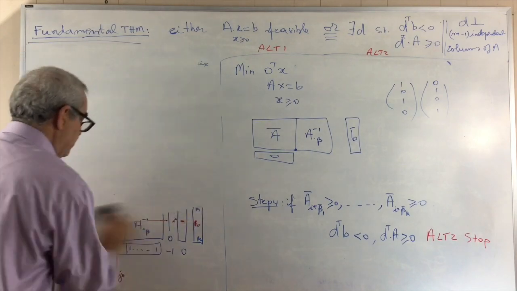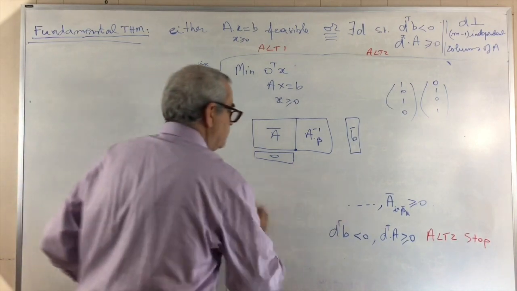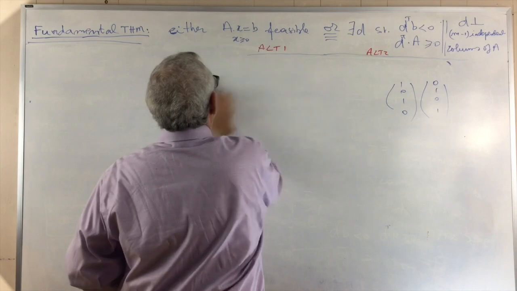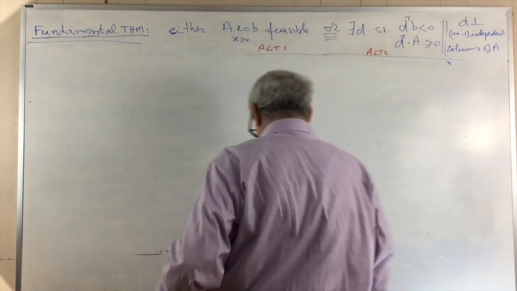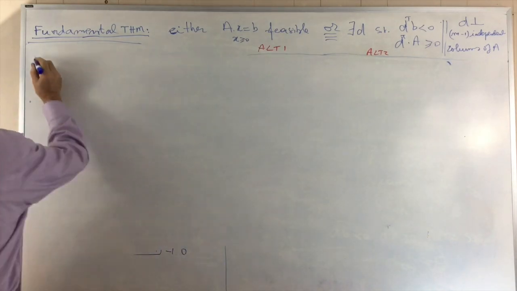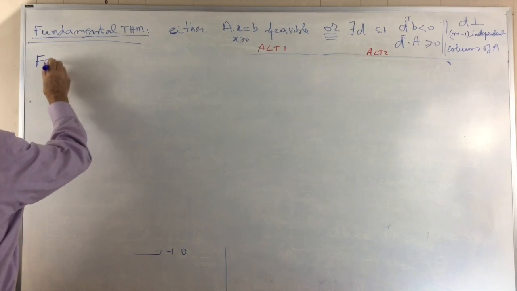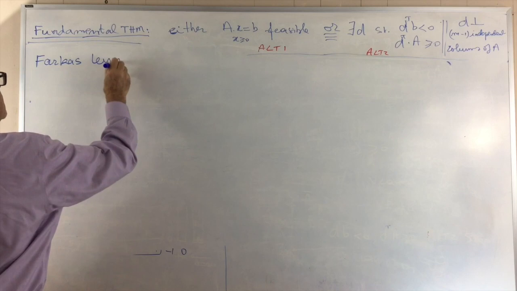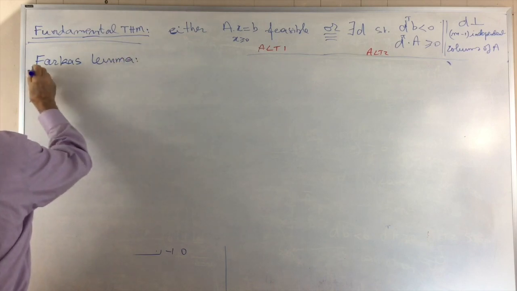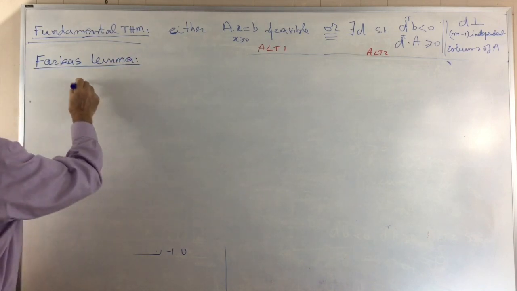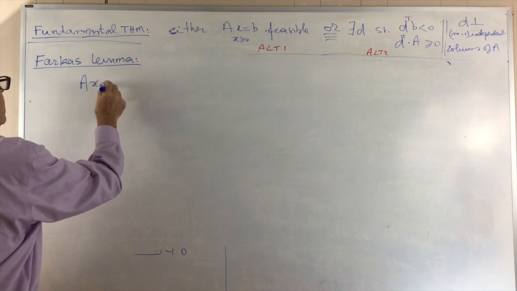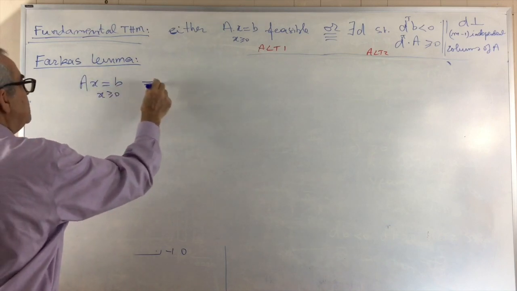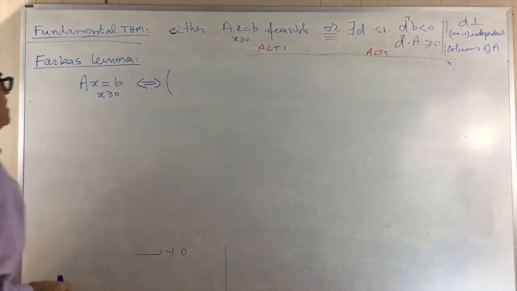Okay, let's now prove Farkas lemma. Let's state and prove Farkas lemma. Farkas lemma says the following: either Ax equal to b, x greater or equal to 0 is feasible, or this statement holds.